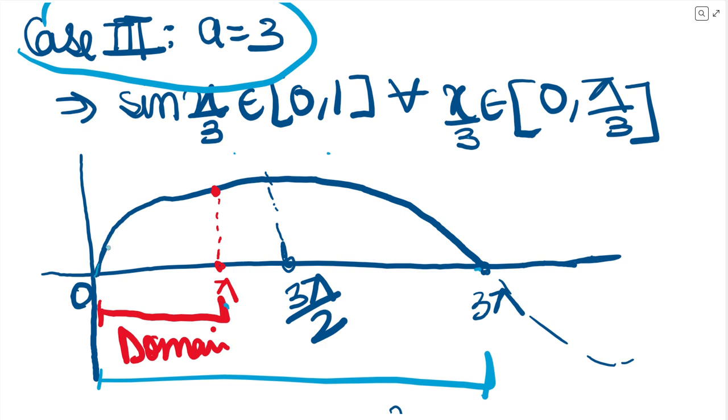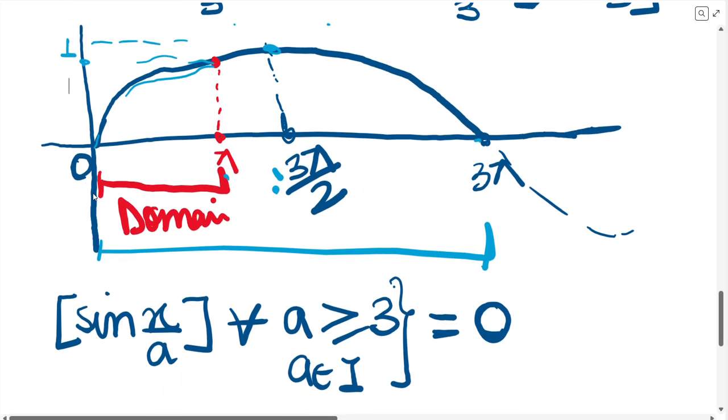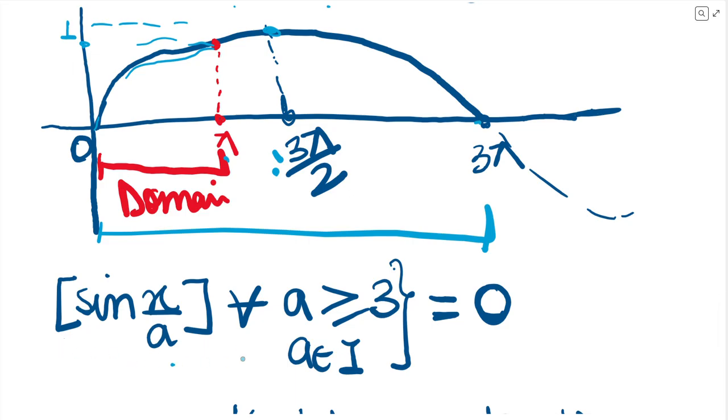The function is increasing till our domain, but it is not becoming 1 here, right? It becomes 1 at 3 pi by 2, but 3 pi by 2 is greater than our domain, so it is not of our use. That means in this domain, the function is always going to be less than 1, right? That means the greatest integer of sin x by a is going to be 0 for all values of a greater than or equal to 3.